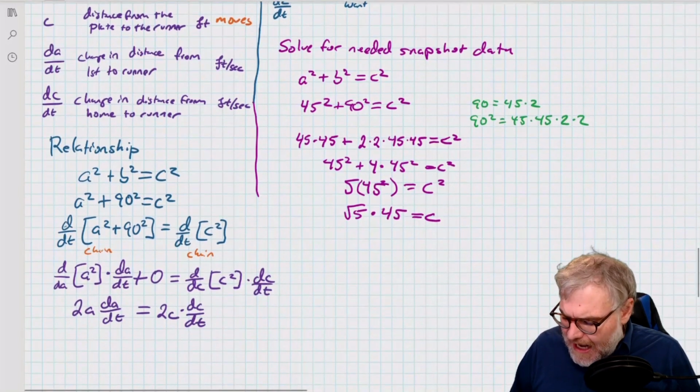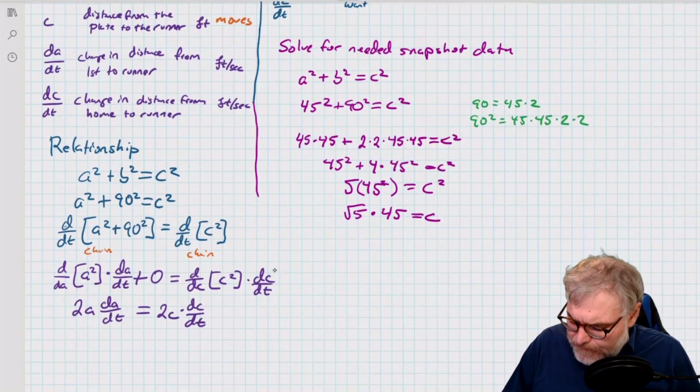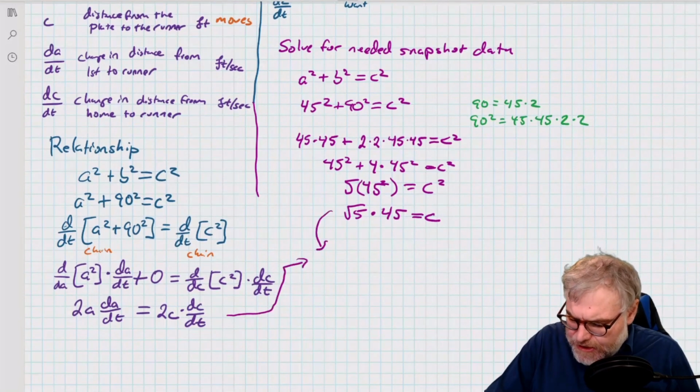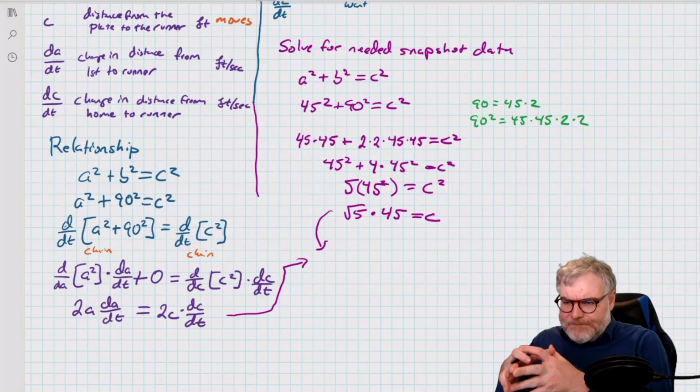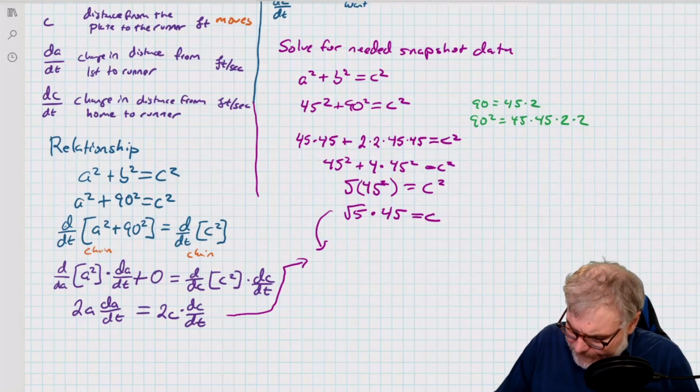Okay, now that I have my data, I'm going to merge this information with this information here. I'm going to put everything together, and look what happens.